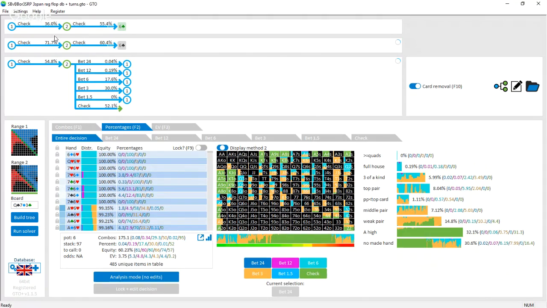After this 36% checking frequency on the flop, we know that we're going to get to the river pretty often, because of the way that our position player has to construct their checking range. Often they're going to be checking after they check the flop because they want their checking range to be relatively strong. So here the in position player has checked half the time, and now they're checking half the time again.